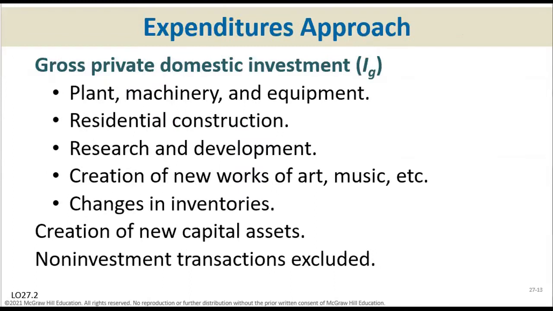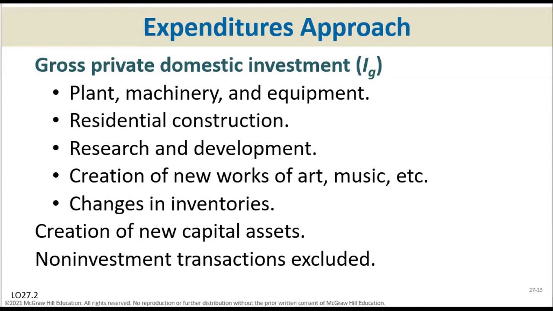So the second variable in the determination of GDP using the expenditure approach is I sub G, the gross private domestic investment, noted as I sub G. That includes the final purchase of plants, machinery, equipment, businesses, residential construction, research and development activity, the creation of a new work of art or music, right?